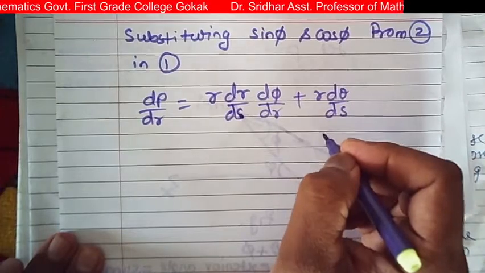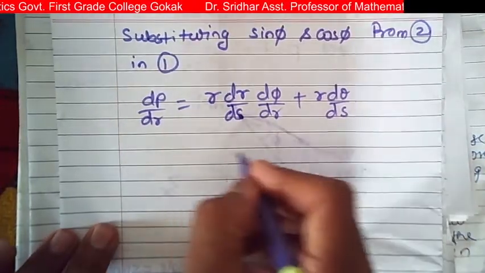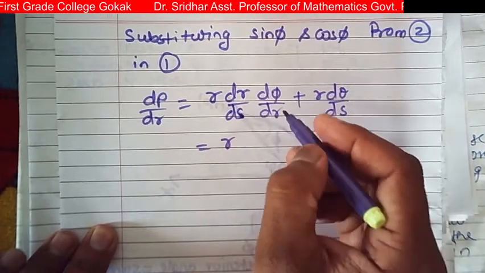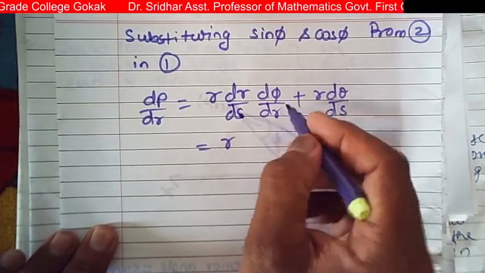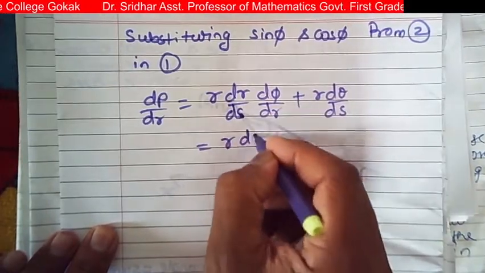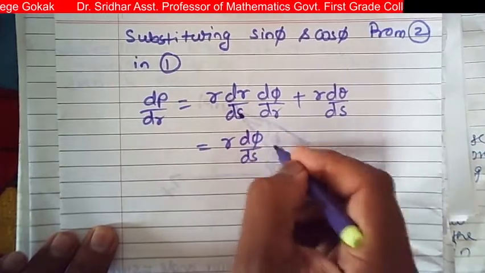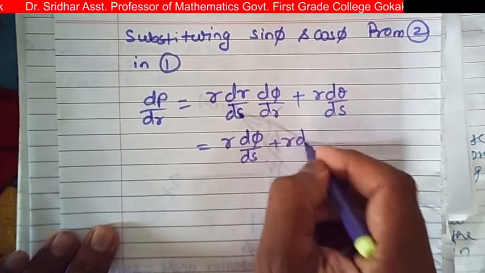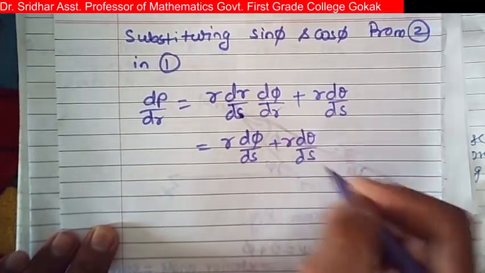Now in dr by ds and d phi by dr, dr gets cancelled, it gives d phi by ds, plus r into d theta by ds.